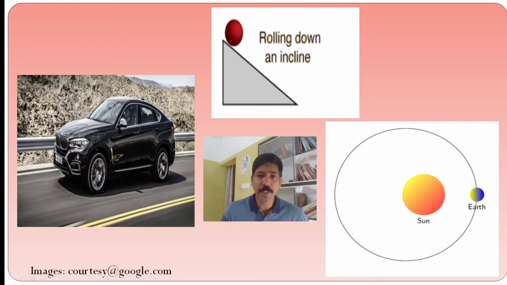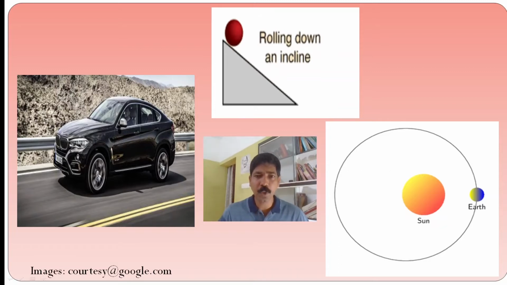So now we are going to discuss the dynamics of such kinds of motion which include both translation and rotation. You can see these three examples: a body rolling on a surface, a body rolling down an inclined plane, and Earth or any other planet revolving around the sun. All are examples of such motions.